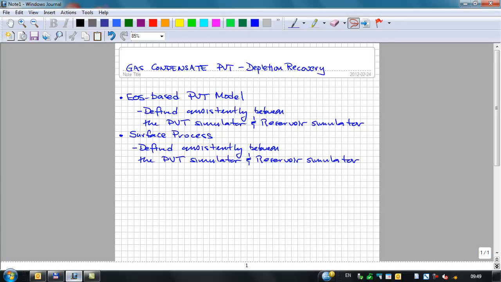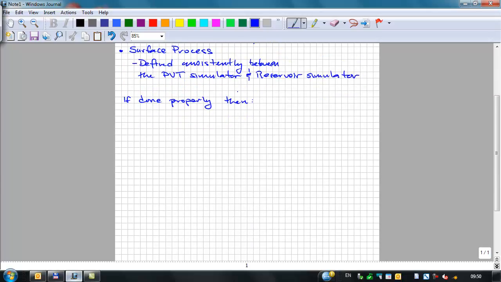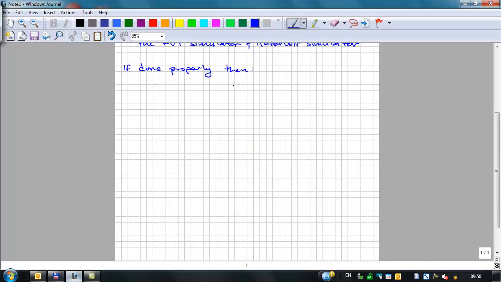So we have the same EOS model in both simulators, and we have the same surface process in both simulators. If this is done properly for a gas condensate, then you should get the following and very important consistency between the PVT simulator and the reservoir simulator.